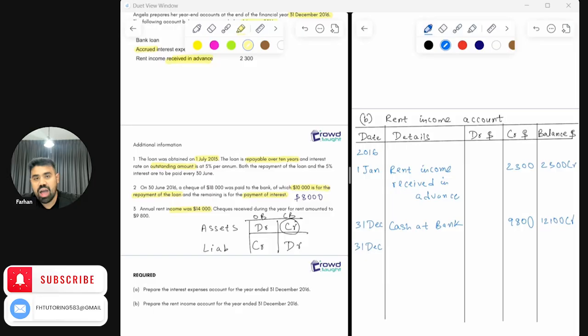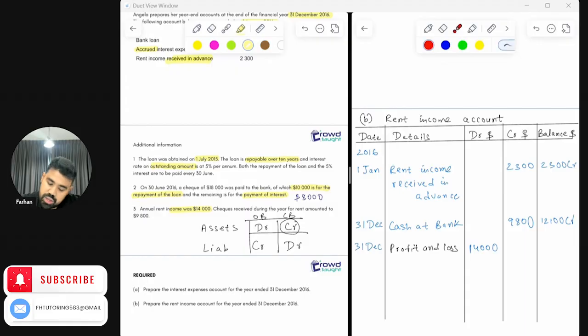But now that we have to transfer all the amounts out of the income account to make sure that the final balance is zero, we have to debit it. So we will debit $14,000 in the rent income account, with the cross-reference being the profit and loss or income statement.